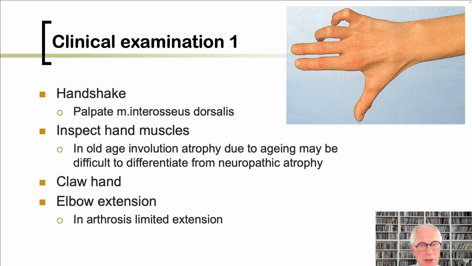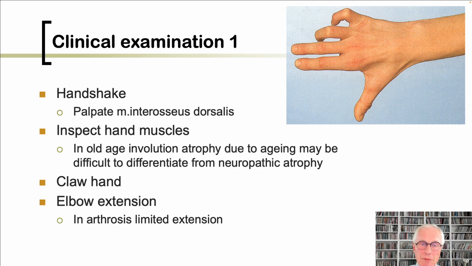Clinical examination. You need to take a look at the hand. Before the COVID pandemic, I would always palpate the first dorsal interosseous of my patients when I shook hands with them, but now that is not what we do, so we have to inspect the hand muscles instead and test the muscles.